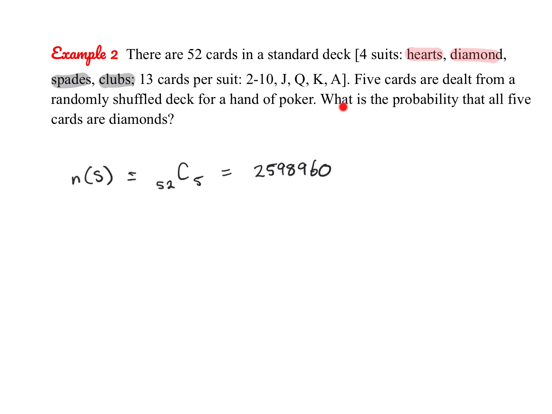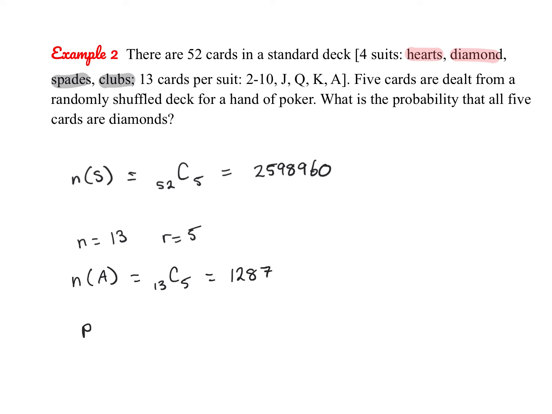Now we want to know the probability that all 5 cards are diamonds. To find the number of combinations in this outcome, there are 13 diamonds, and we are choosing 5 of them. So we want to know how many different ways can you take 13 diamonds and pick 5 of those. So the number of combinations in event A would be 13 choose 5, which is 1,287.